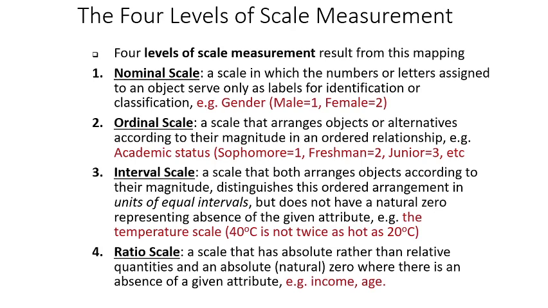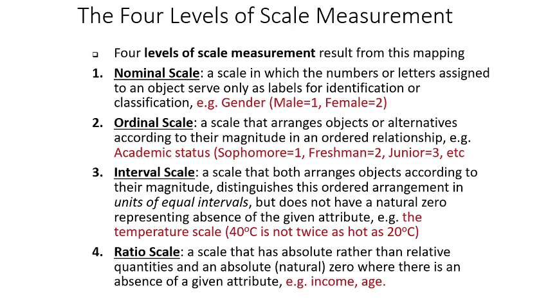You have certain orders in your semesters. Ordinal is a scale that arranges objects or alternatives according to their magnitude in an order relationship. There must be some magnitude or relationship.